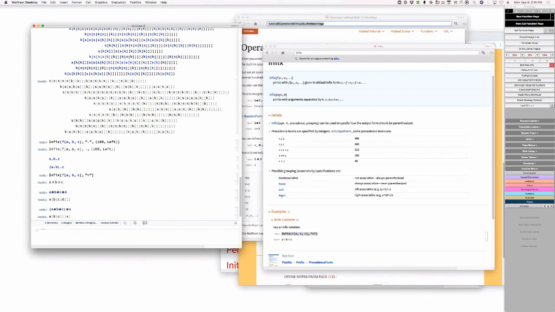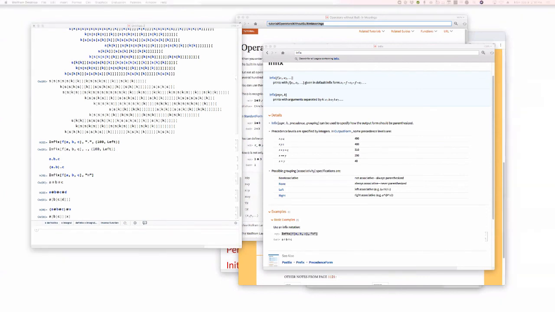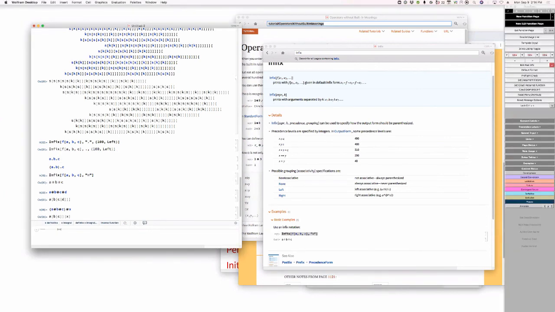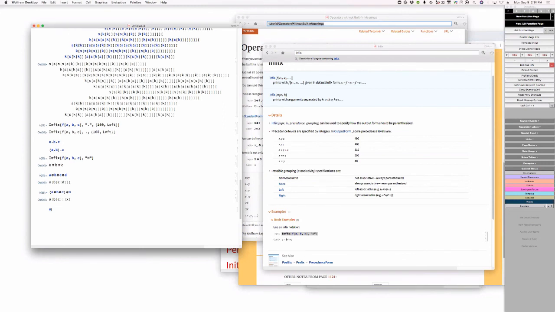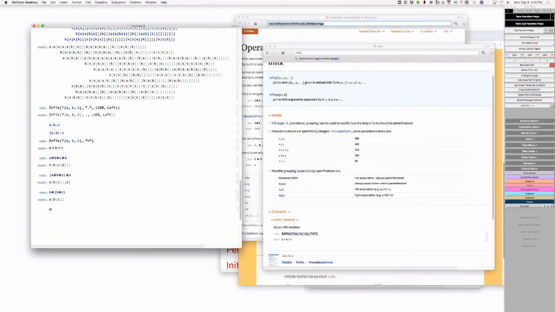It computes B at C before it does A at that. You see what I'm saying? I see. No, it's right associative. Look, A at B at C is equivalent to A at B at C, right? Which is not equivalent to A at B at C, right?